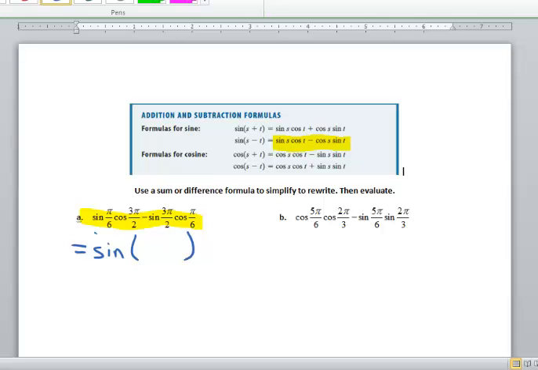And we said earlier that s was being played by pi over 6 and t was being played by 3 pi over 2.